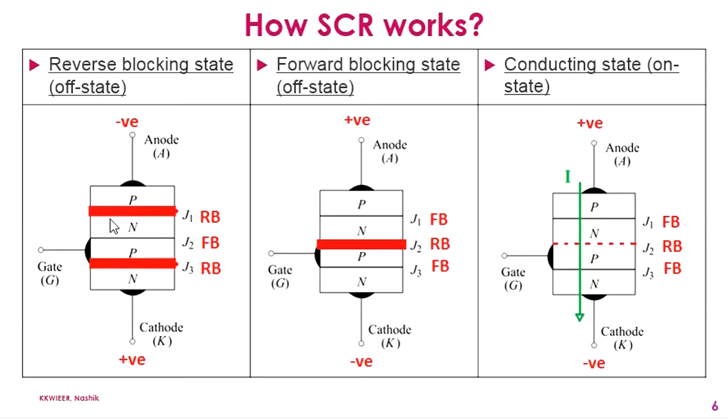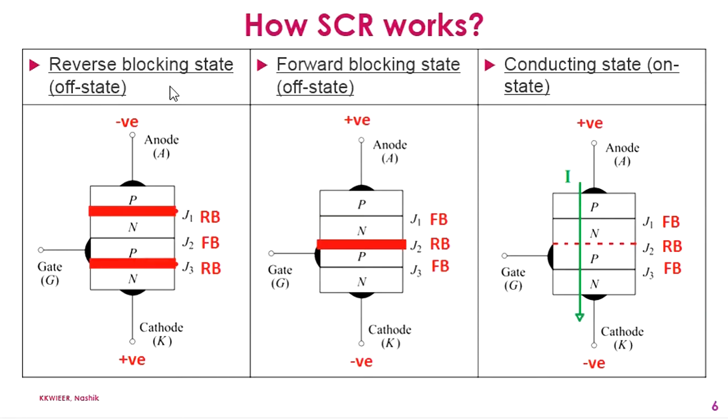At the same time, the J1 and J3 junctions will become reverse biased. So these reverse biased junctions will not allow any current to flow through the device. Only a very small amount of leakage current may flow through the circuit, because of the drift of charges. But as this leakage current is insufficient to make the device conduct, it is as good as no current is flowing through the circuit, so this is known as off state.